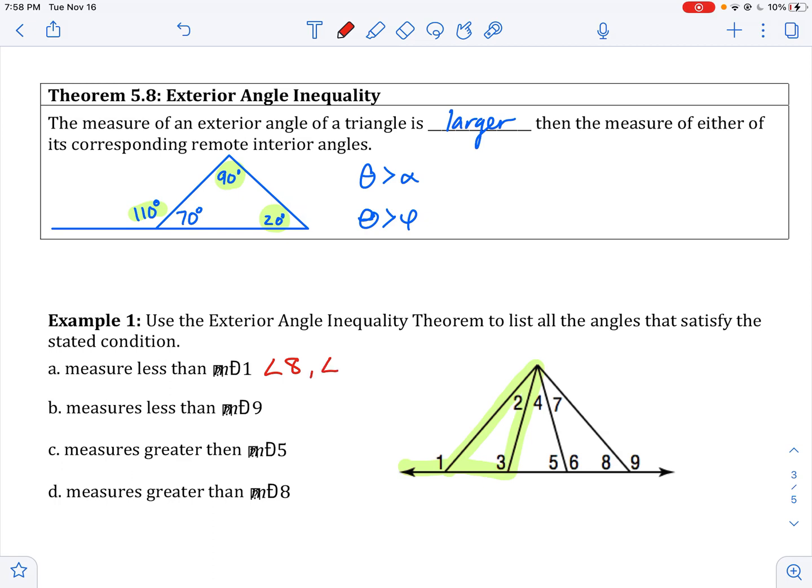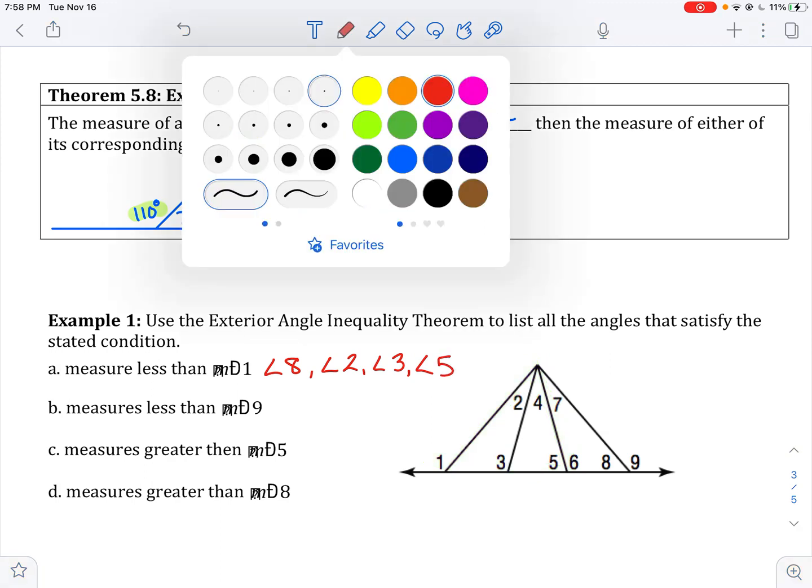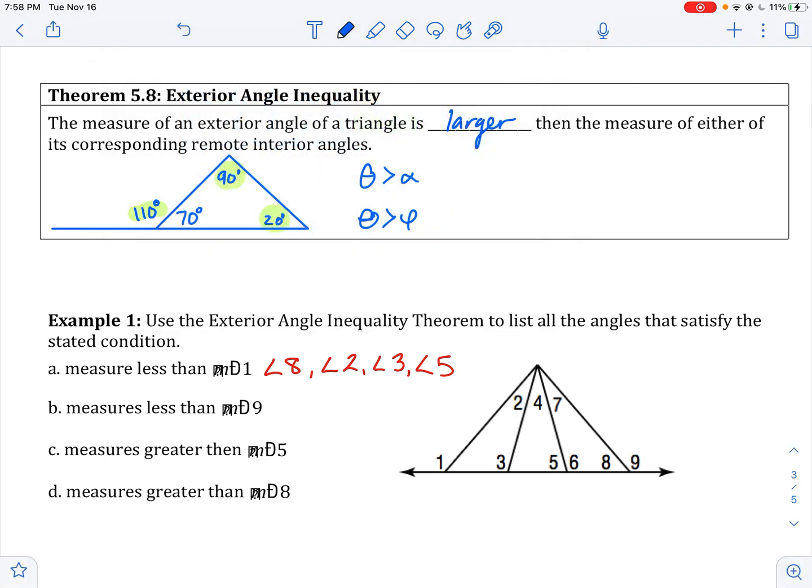Angle 1 must be greater than angle 2. It must be greater than angle 3 as well. All right, let's look at this other triangle here. Angle 9 must be greater than angle 5, because here's a remote interior, there's a remote interior. All right, let me change colors here. Measures less than angle 9.